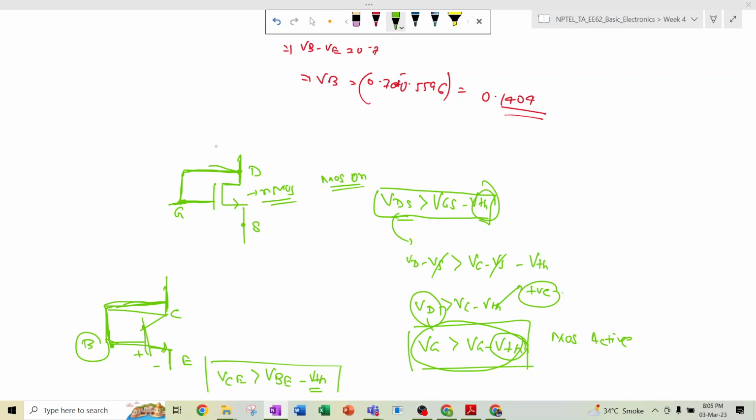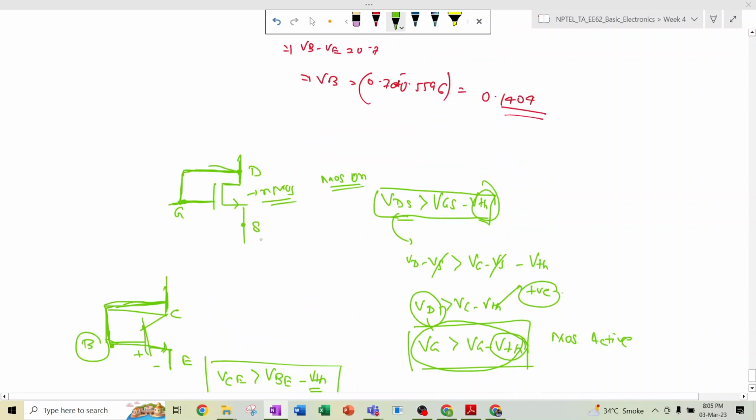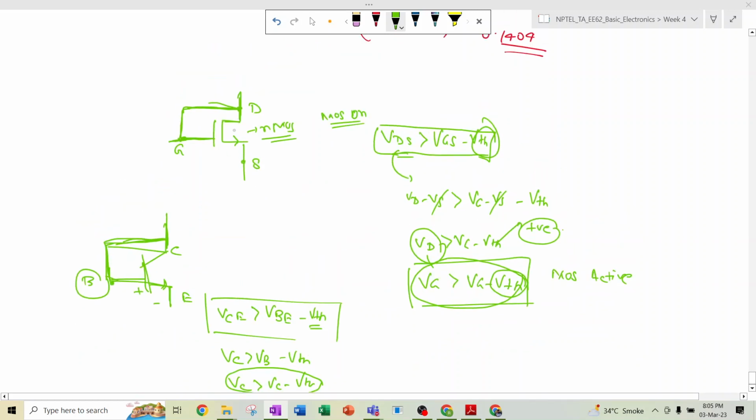So whenever you learn about the MOS topology or conventional MOS, this concept will be more clear to you. Actually, the BJT and MOS both operate in a similar kind of way. There are some minor differences. In the MOS only one kind of carrier is there, the majority carrier. If it is NMOS, the electron is the majority carrier, that means the current conduction is dominated by electrons, we don't consider the holes.